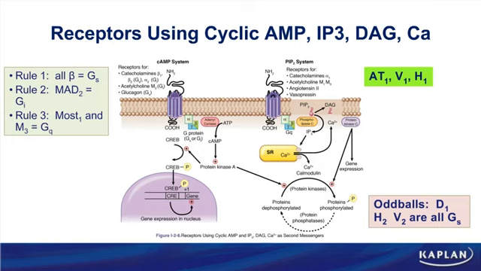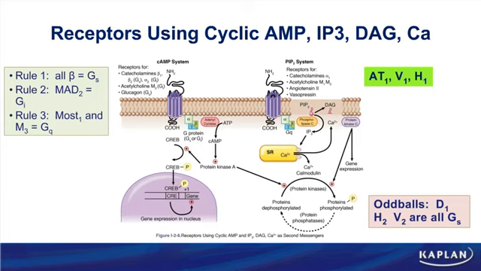And of course, the easy way to remember, it's A for the kinase, it's cyclic AMP, and A is also for adenylyl. GI, on the other hand, GI are inhibitory G proteins. They decrease the activity of adenylyl cyclase. Cyclic AMP levels go down. You inhibit the activation of protein kinase A.